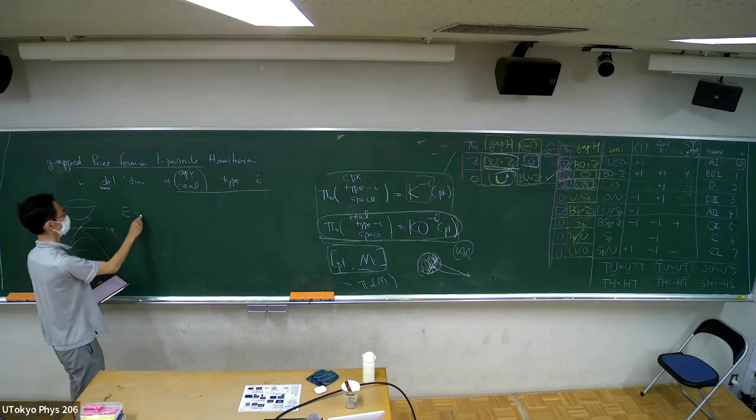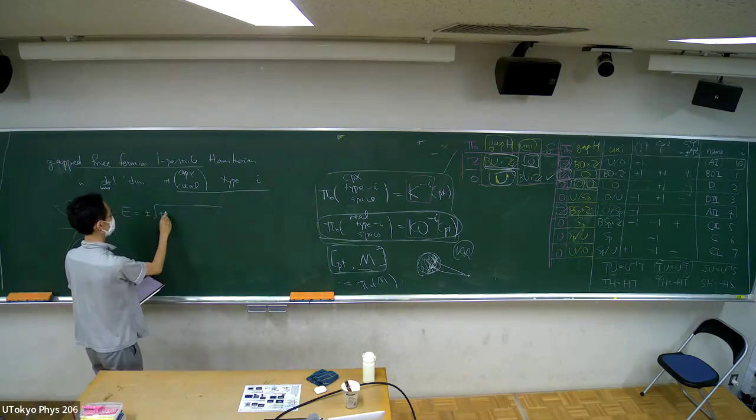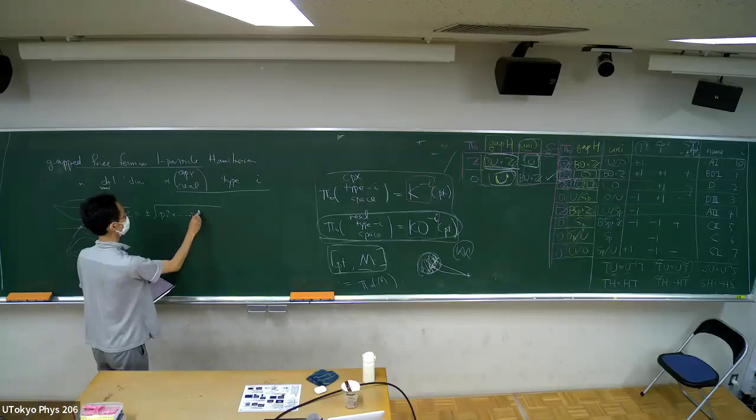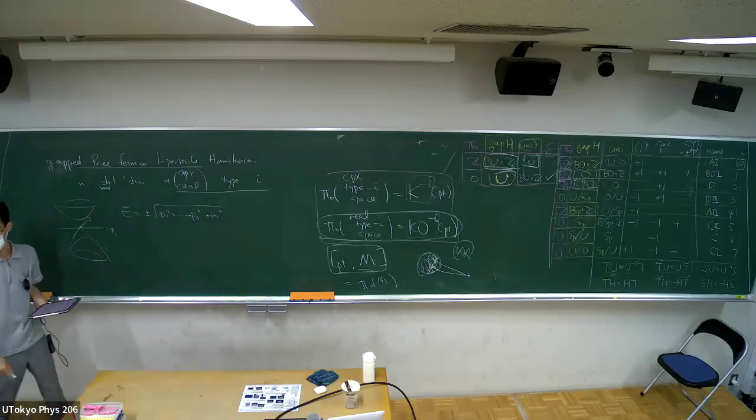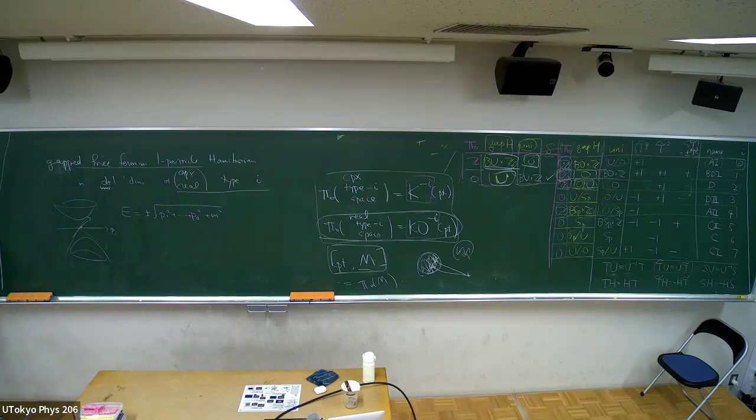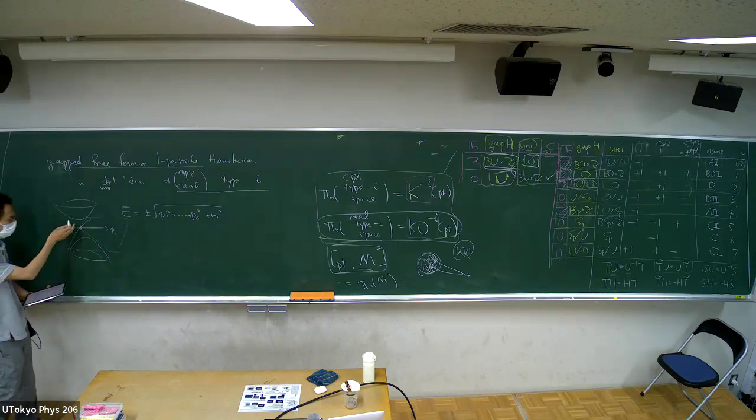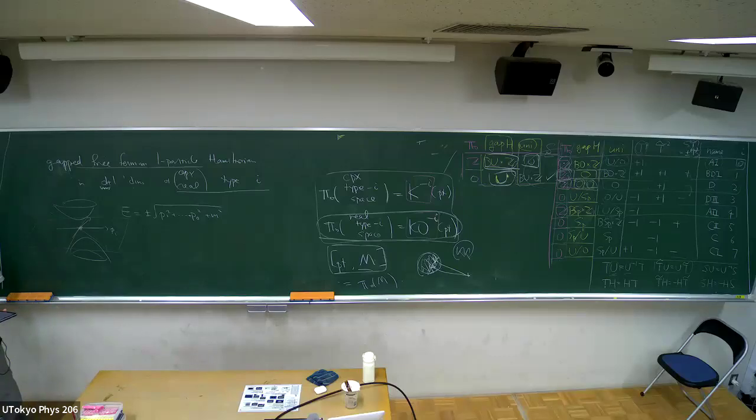So suppose you want to have E equals the square root of P squared plus M squared, right? So you want to have this type of energy spectrum or dispersion relation. And we are not interested, or of course we can consider it, but first, let's just concentrate on the property of the Hamiltonian close to a point where it can become massless or gapless.